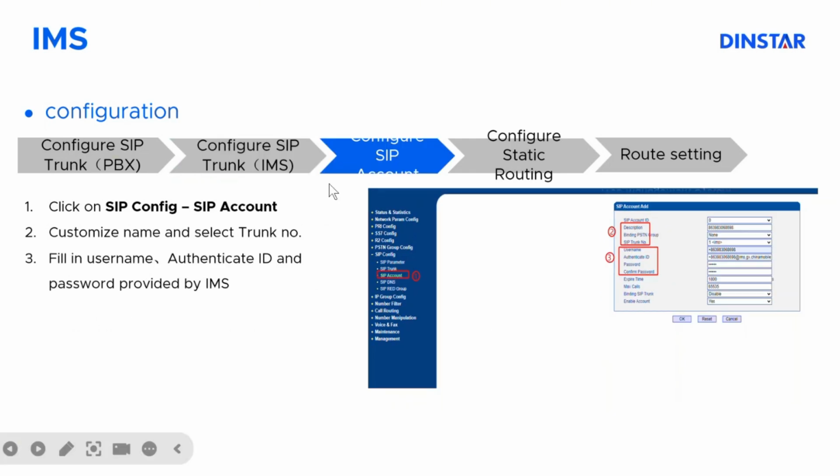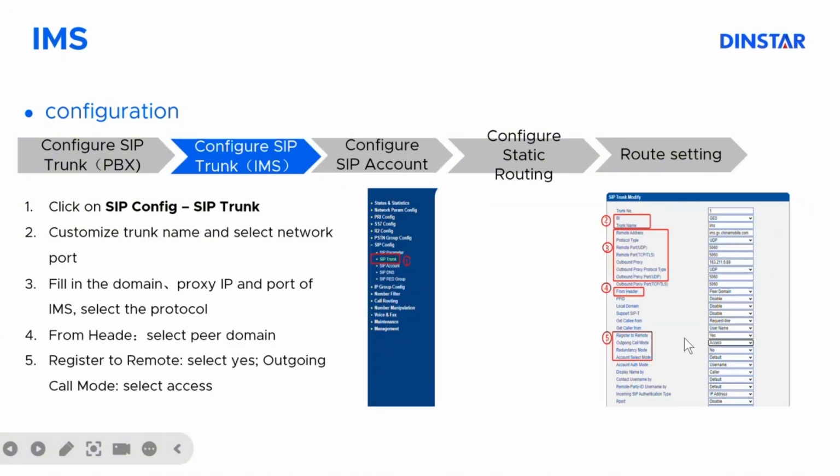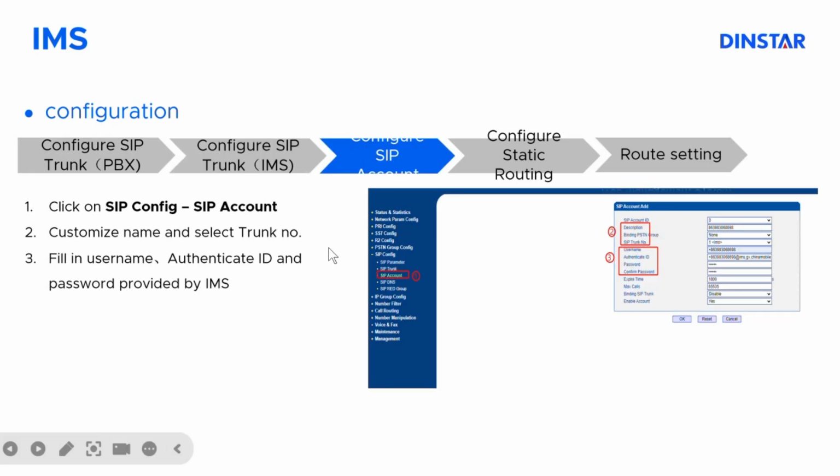Step 3 is the SIP account. Because we create a SIP trunk with IMS, we also need to register to IMS. So we need a SIP trunk, and we need a SIP account. For account configuration, you can set it based on your requirements, like the SIP account the IMS gives you.